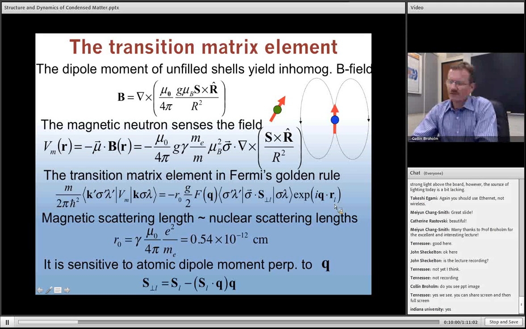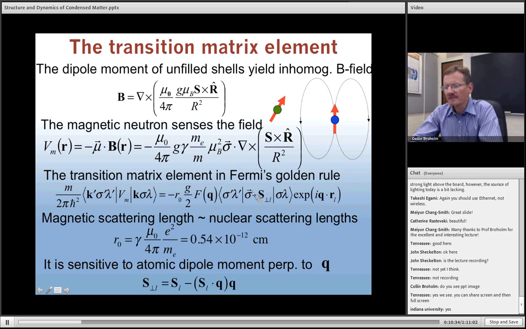Now, some of you might begin to say, well, that sounds very weird that he's keeping track of the exact location of the electron and so on. But what I'm actually making my way towards is the description of an electron which is bound at an atom, which is sitting at site R_L in my material. So this is where this R_L is going to come up. That's going to be the place at which this electron is bound. And F of Q is going to be the Fourier transform of the spin density associated with that bound electron.